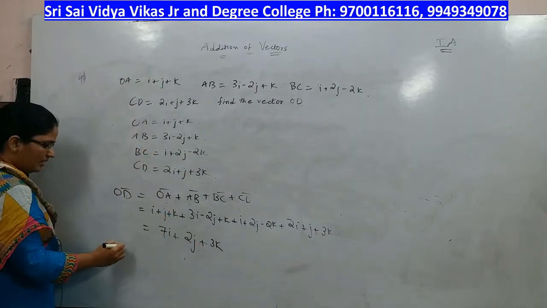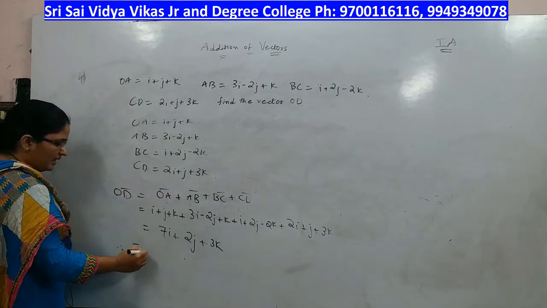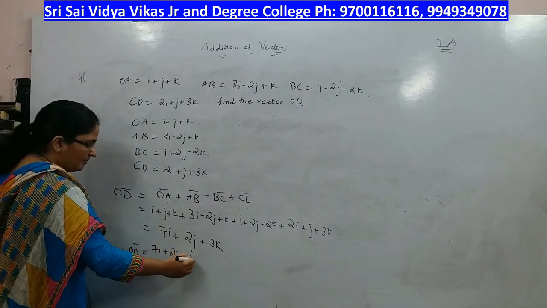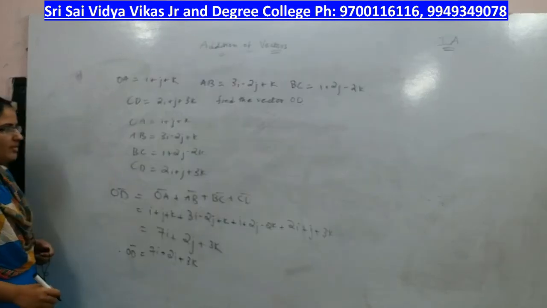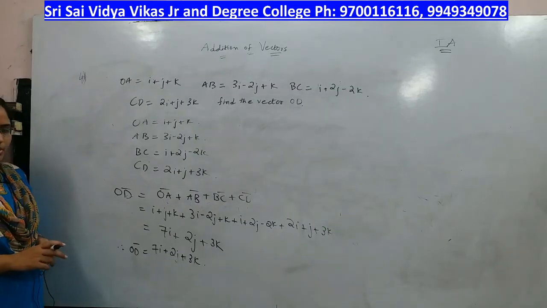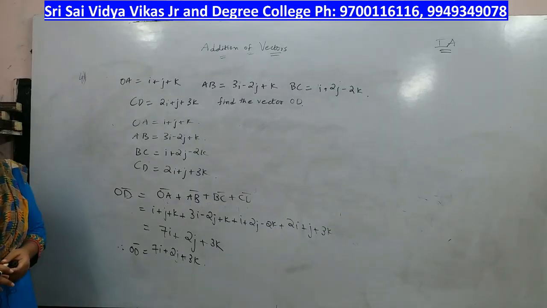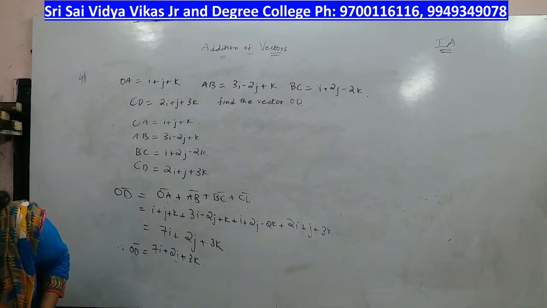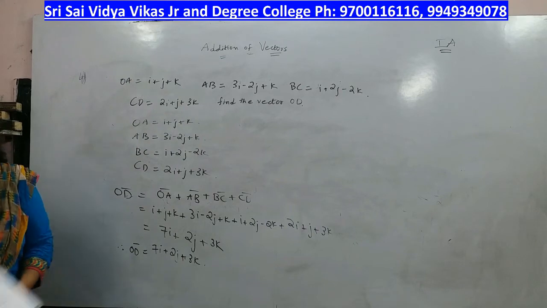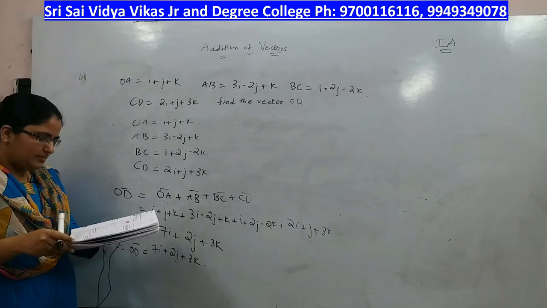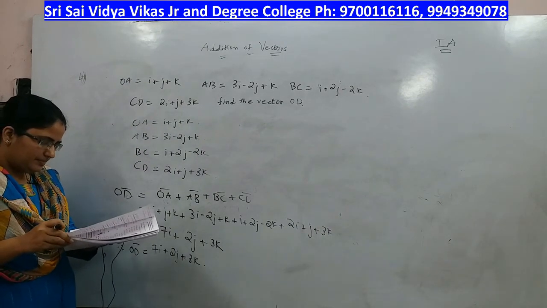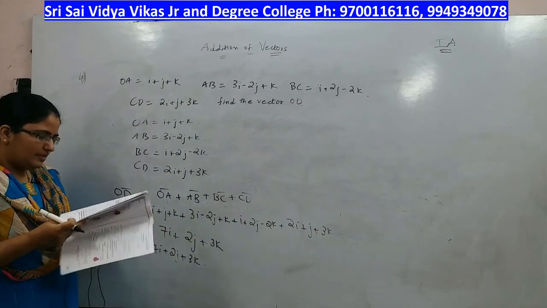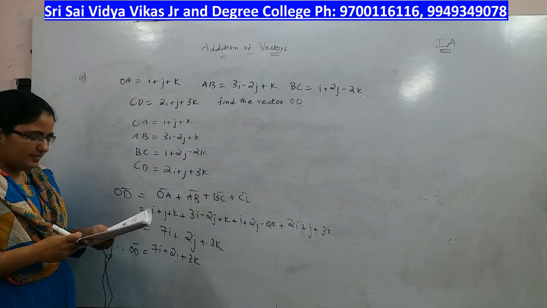Therefore vector OD is nothing but 7i plus 2j plus 3k. That is about vector OD. This is the fourth problem. Next, let us do the next problem.